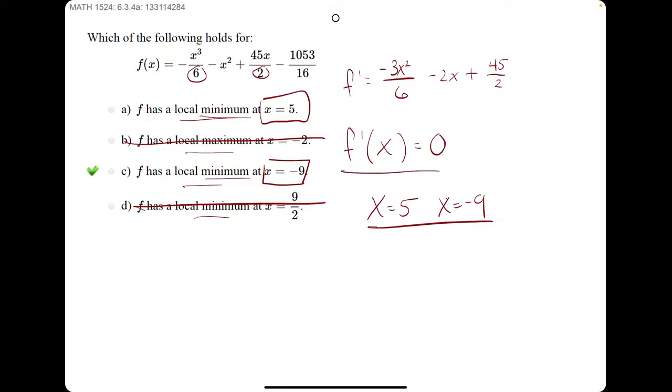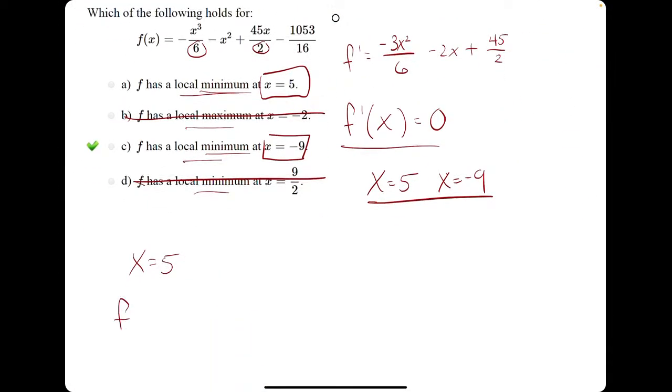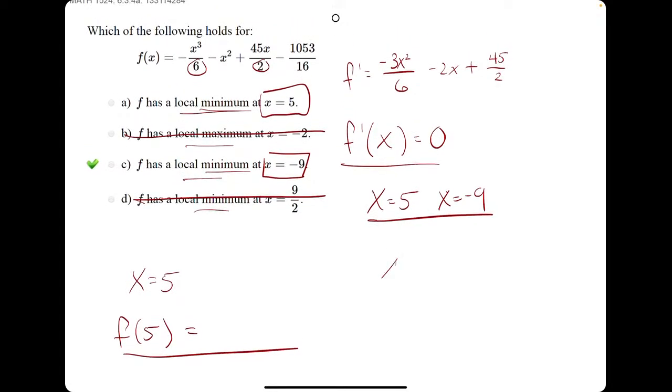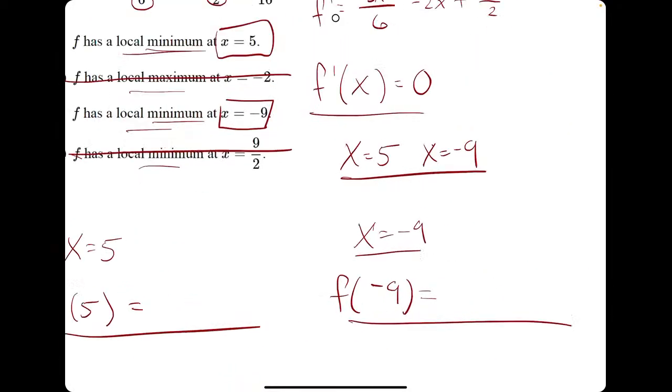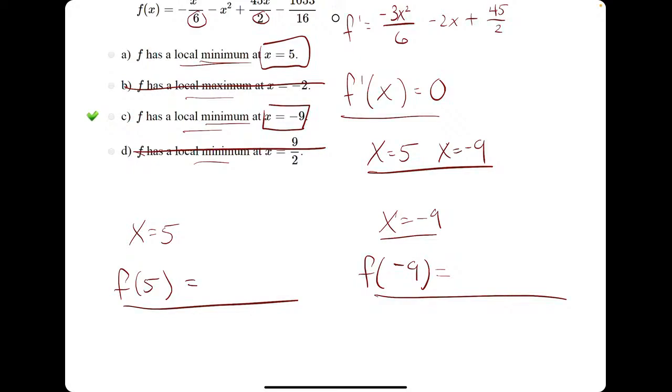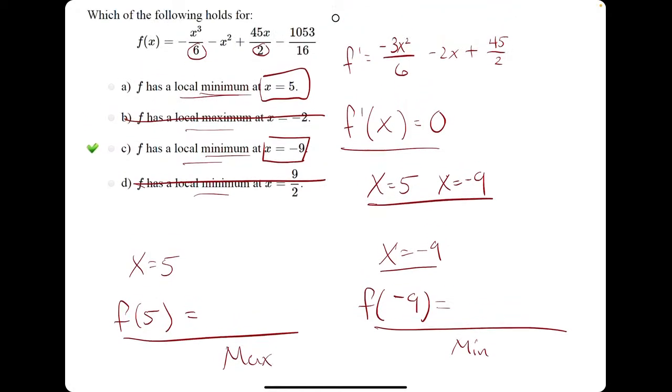And now my attempt will be to plug in x equals 5 into the original function, and to plug in x equals negative 9 into the original function. My hope is that if we compare these two numbers and one of these values is higher than the other, then that higher number would likely be the max, while the other is the minimum.